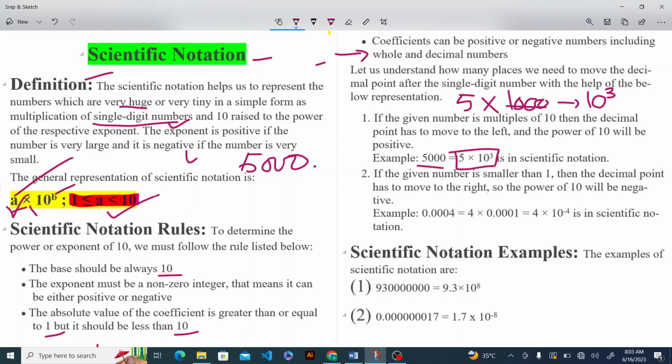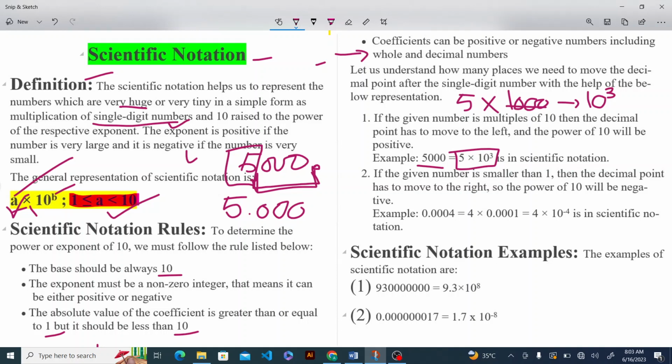We have to move this decimal point to the left, before the non-zero digit 5. When we move it like this, 5.000, the decimal point has moved here after 5.